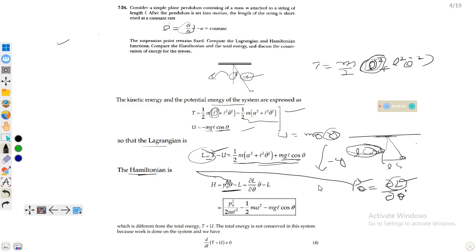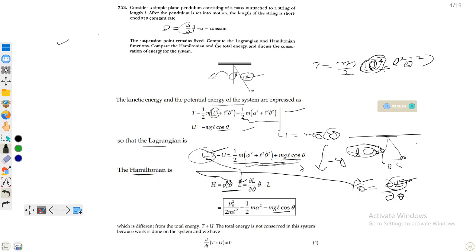When we take the derivative and plug it into this equation, it will give P theta square over 2 m L square minus m alpha square over 2 minus mgL cos of theta. In this step, we have just taken the derivative of the Lagrangian with respect to theta dot, plugged these values into this expression, and also put the value of the Lagrangian here.